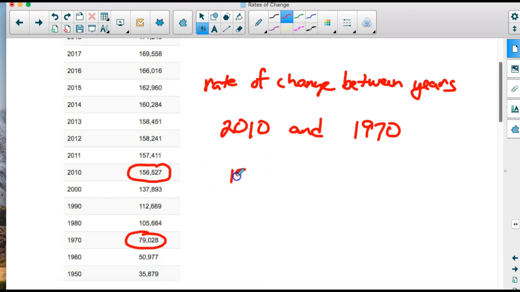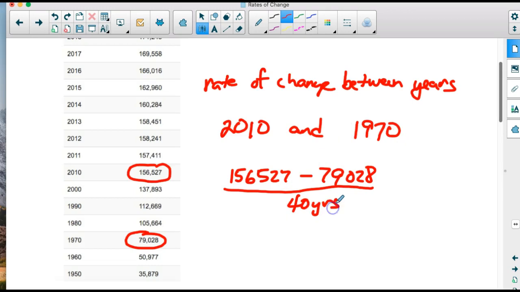So it'd be 156,527 minus 79,028, and we're going to write that as a ratio between the years. That would be 40 years where that occurs, because from 1970 to 2010 is 40 years.